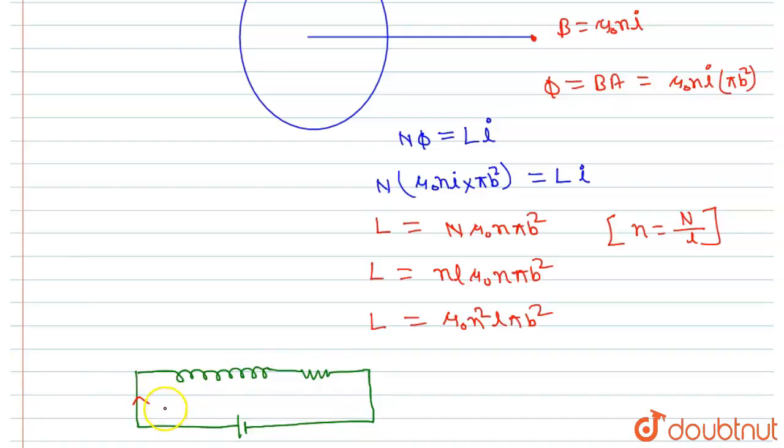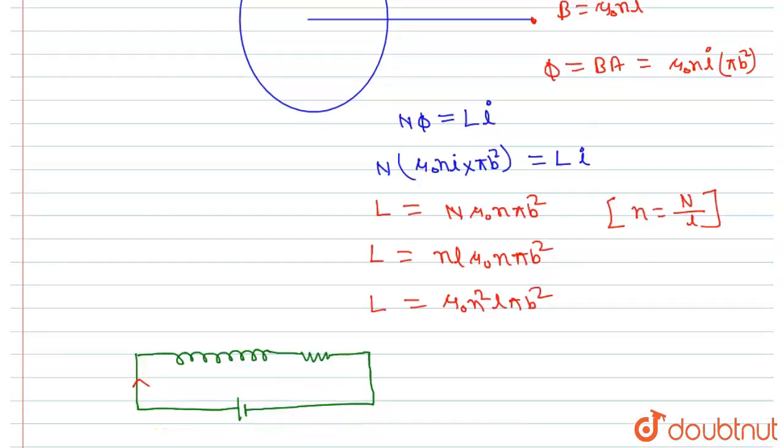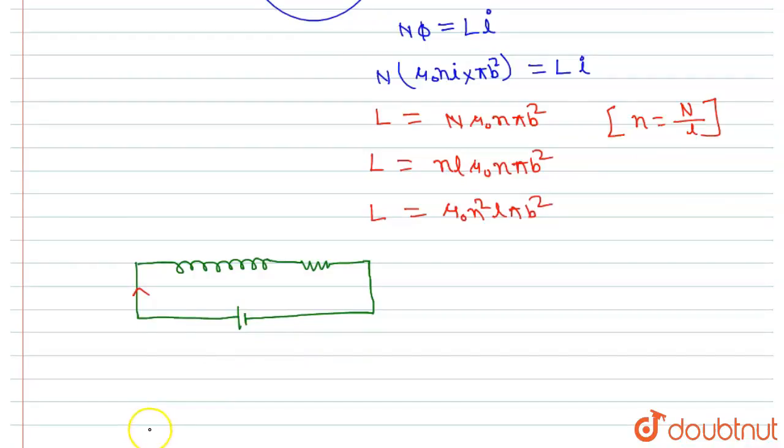So if we apply KVL, we can write minus V plus L dI by dt plus IR is equal to 0.